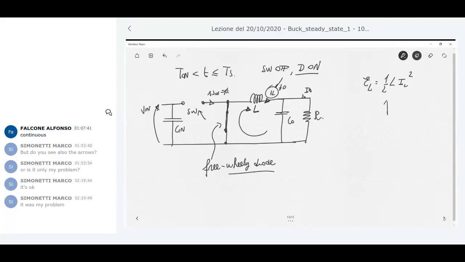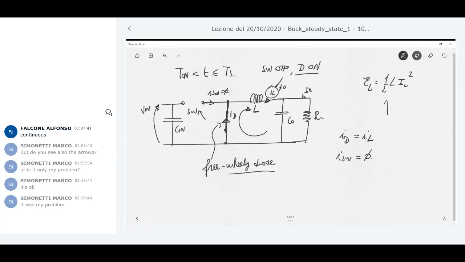If the diode is on, the current in the diode is the same as the inductor current. In this phase, the inductor current is the same as the diode current, okay? While the current through the switch is zero. In that situation, what happens to the output voltage?